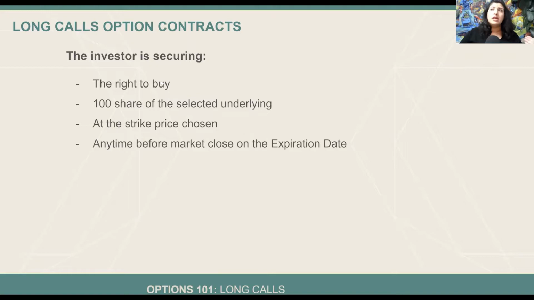And because you believe that in the coming months, Apple is going to shoot up to 170, the broker does his analysis and says, okay, I'm willing to charge you X amount of money in order to hold that contract. And so anytime between now and the date that you agree for the expiration, you have the right to buy Apple at the $120 that you secured in your contract.